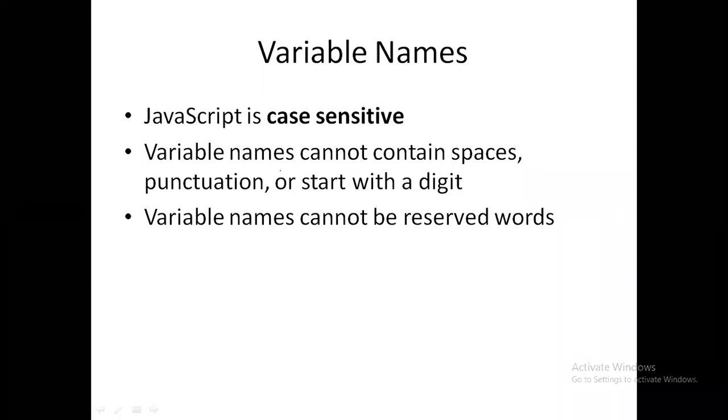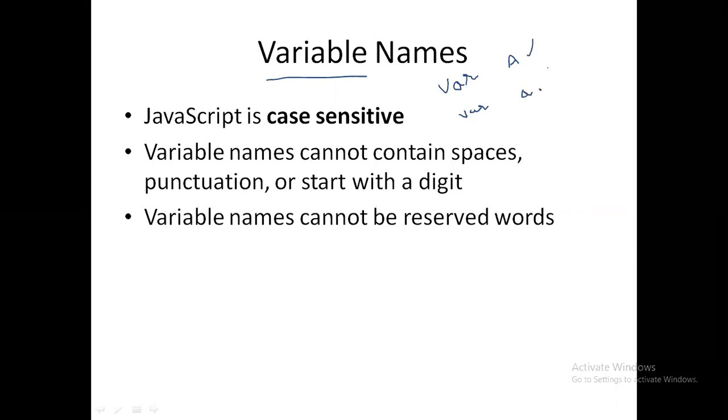Yeah. So next one is variable name. When I'm declaring variables, you should observe what things are to be noted down. First of all, variable a and variable A, when I'm declaring like this, are different.